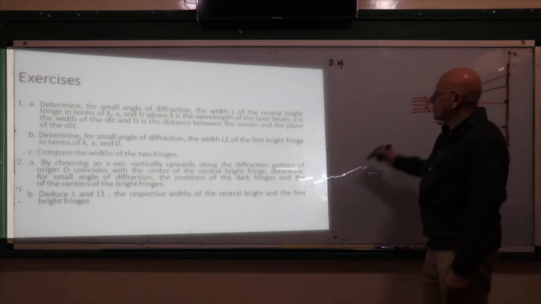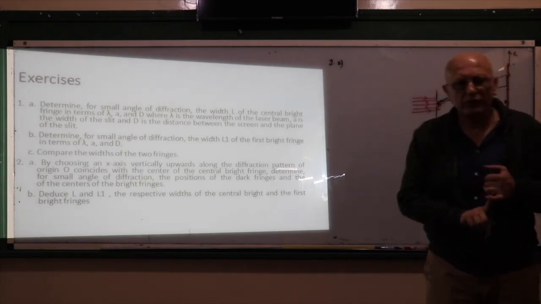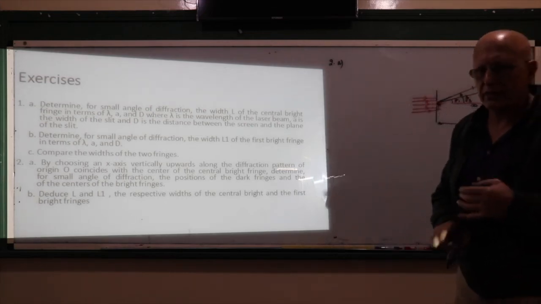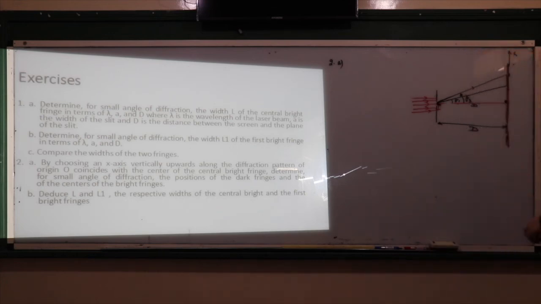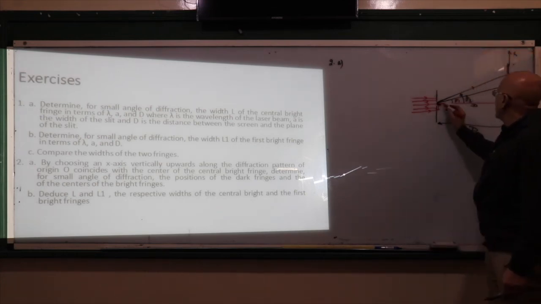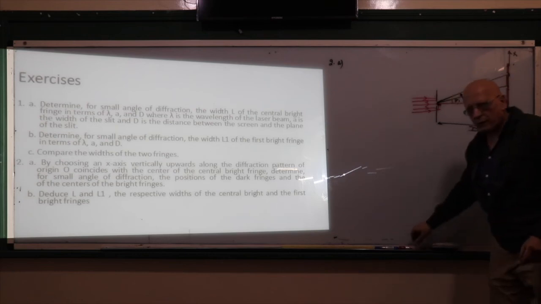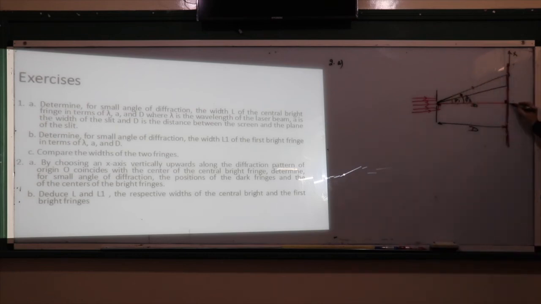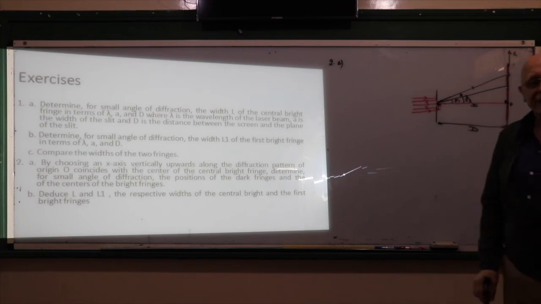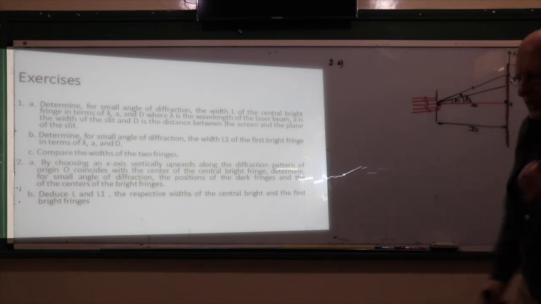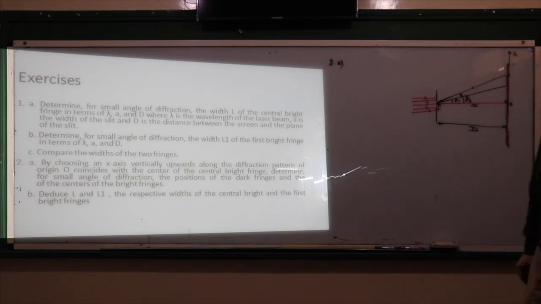So he wants the positions of the dark fringes and the bright fringes. How to determine the positions? He told me to choose this as an x-axis with origin O. So this now becomes an x-axis, and as you know, on an x-axis I determine the position by its abscissa.